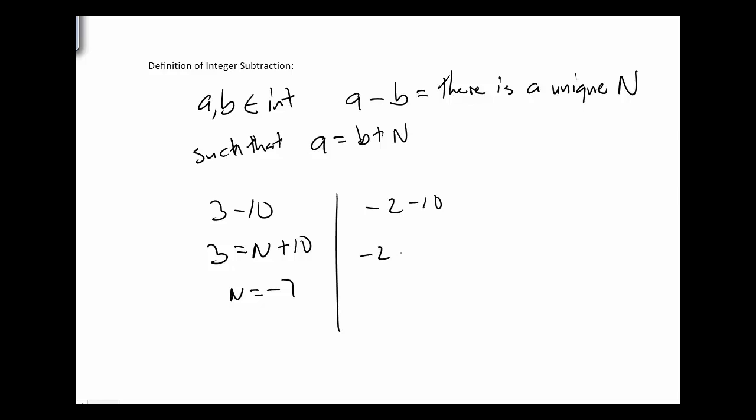So negative 2 is the same as n plus 10. So what do I add to 10 to get an answer of negative 2? I get negative 12. Okay, so there is some addition operation that's the exact same as that initial subtraction operation.